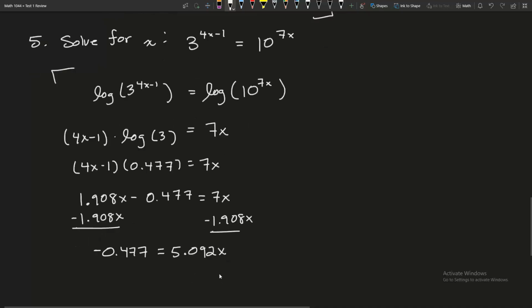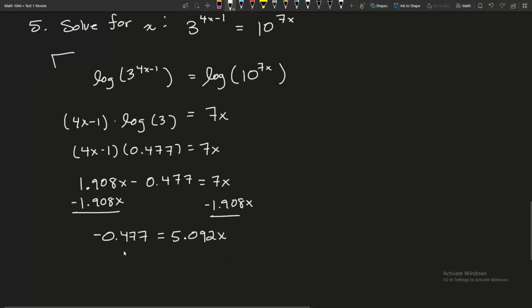And then we just want to divide by that 5.092 to get x by itself. So x here will be about something like minus 0.094, something like that. And again, that's an approximation since we rounded the log of 3.